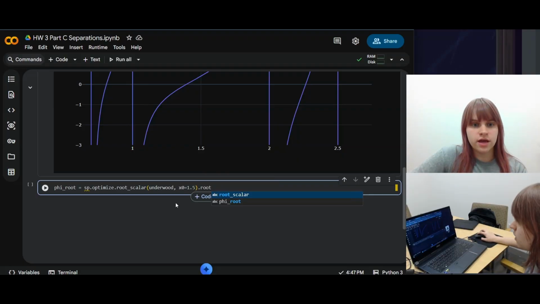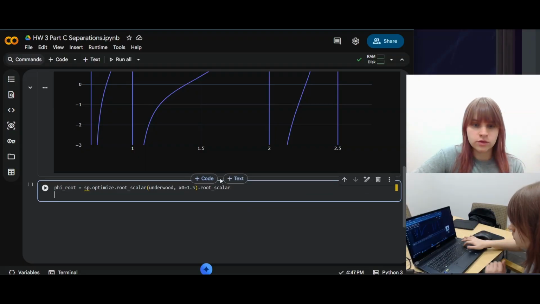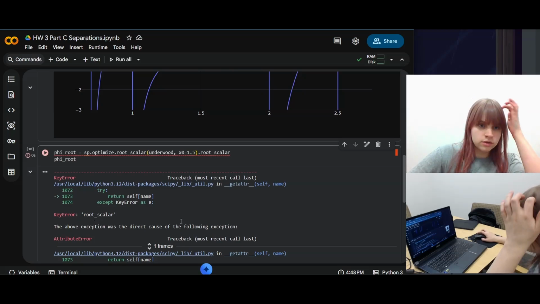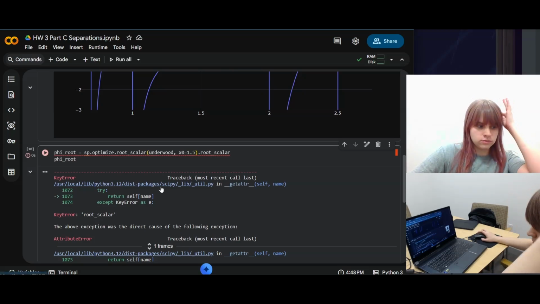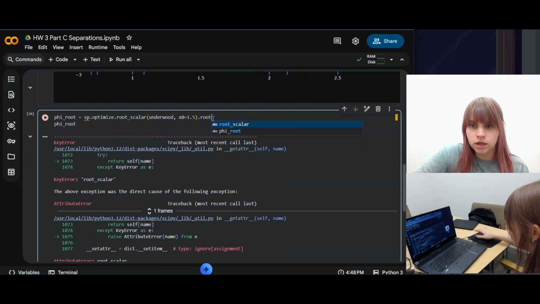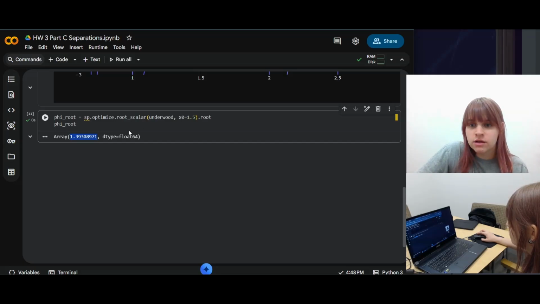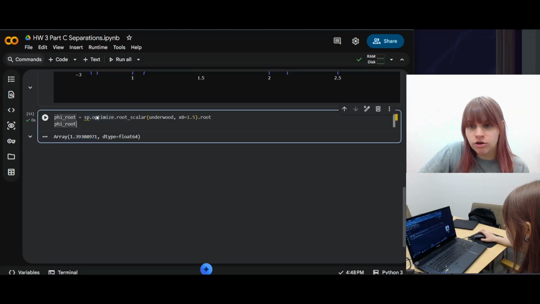And notice that the x is at 1.5, which is in between the light key and the heavy key. And then if I do phi underscore root, I need to delete that extra scalar at the end. It should just be dot root. And so there we go, we have 1.39. So that tells us that is the correct phi root to use.